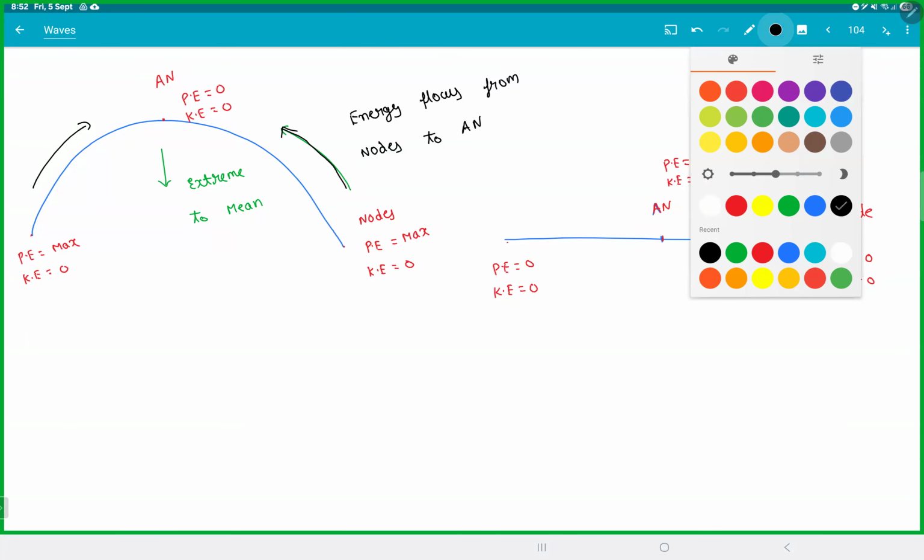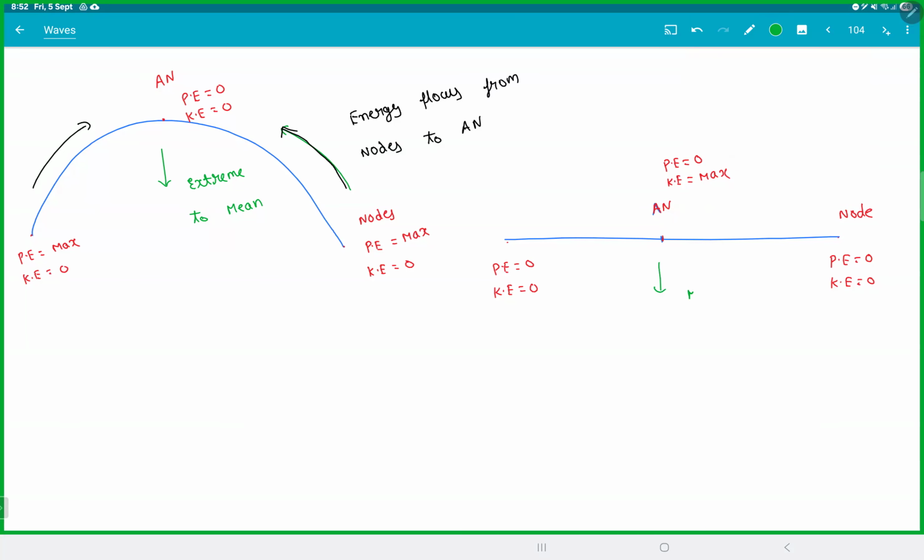Similarly, when the string is going from mean to extreme, look at this thing. Nodes have 0 energy. Suddenly they gain energy. That means the energy is going back again from antinodes to nodes. So energy of a loop is constant, but within the loop, the energy is being continuously redistributed.